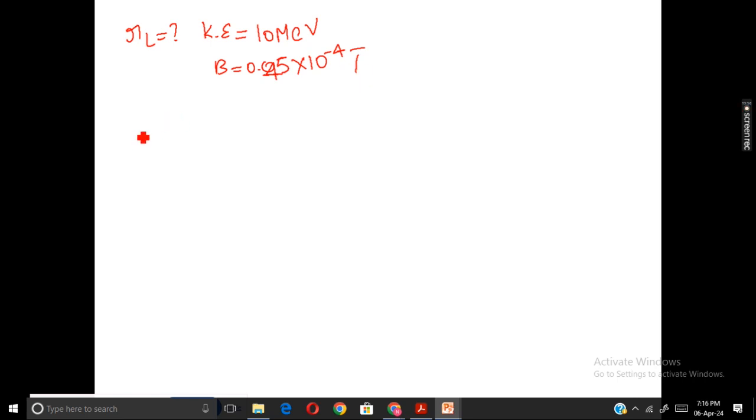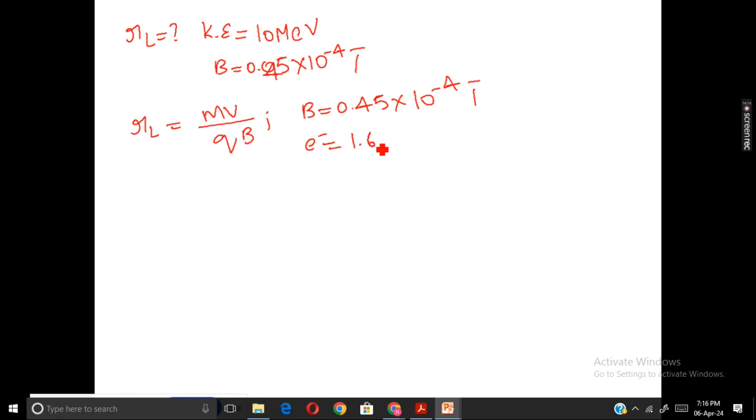Okay. So the basic equation is R_L is equal to mv by qB. Here B is just 0.45 into 10 raised to minus 4 Tesla. Since it is an electron, e is known to us, which is basically 1.6 into 10 raised to minus 19.